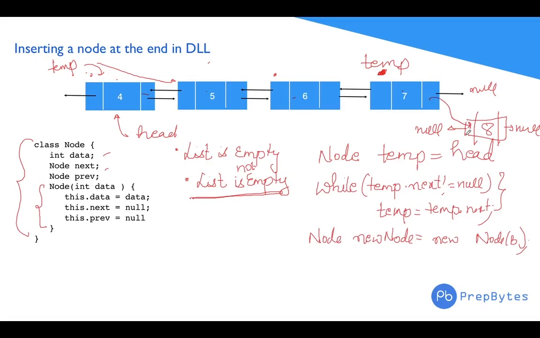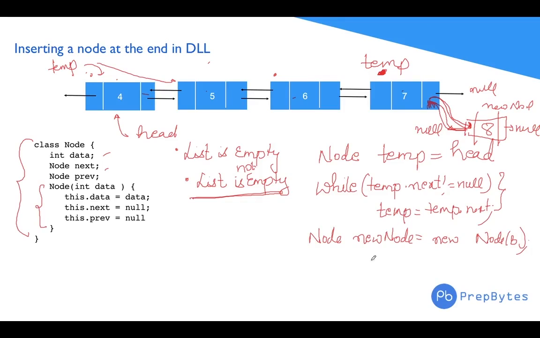This we have already seen in a singly linked list. But here we have to do one more operation. The prev of this new node should start pointing to this node. So the next of temp node will start pointing to new node, and the prev of new node will point to the temp node.